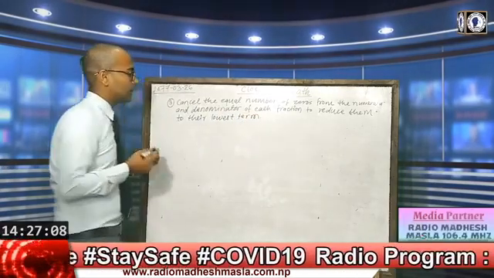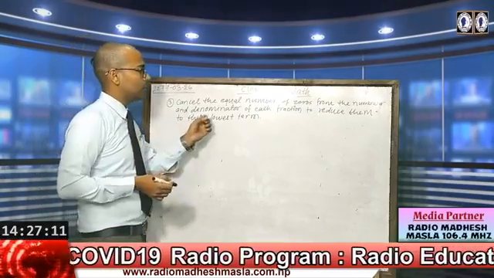So students, your question is like this: cancel the equal number of zeros from the numerator and denominator.